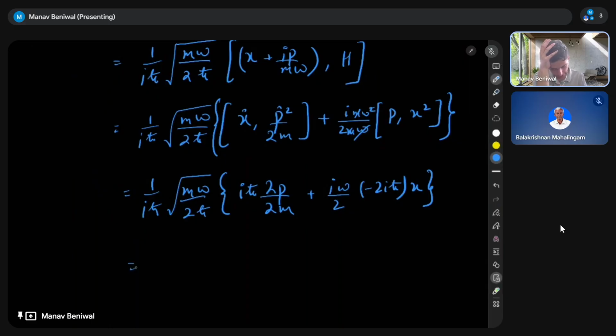Okay, so we can cancel out these iota h cuts, and so here we have p over m and then minus iota omega x.